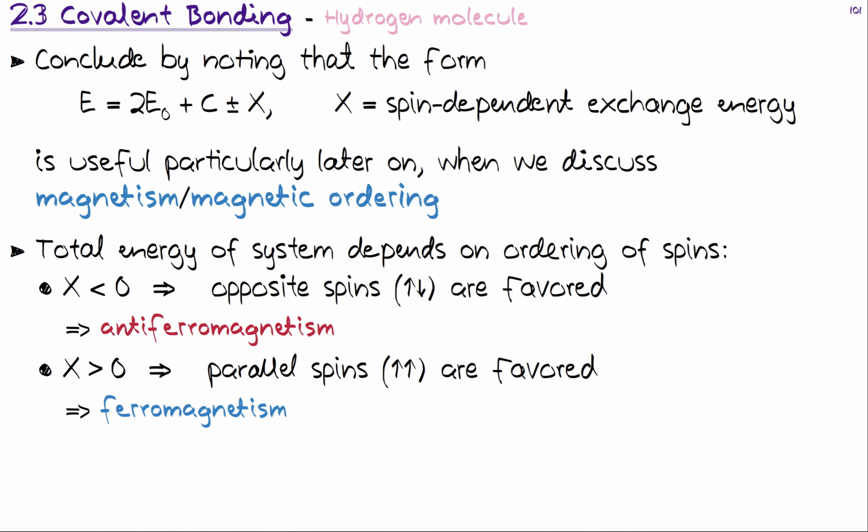We now see that depending on the kind of microscopic forces that are playing their role between electrons, we may have macroscopic magnetic domain ordering, and specifically anti-ferromagnetic ordering may take place, or ferromagnetic ordering may take place.